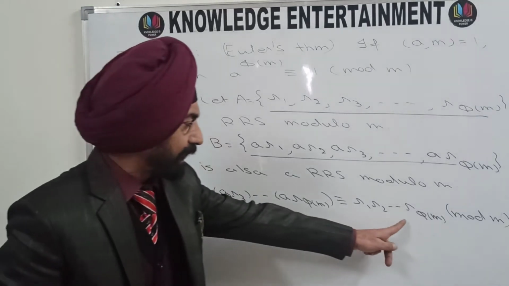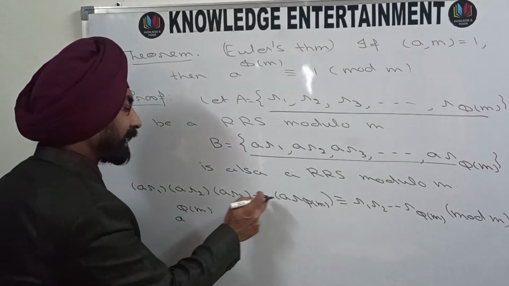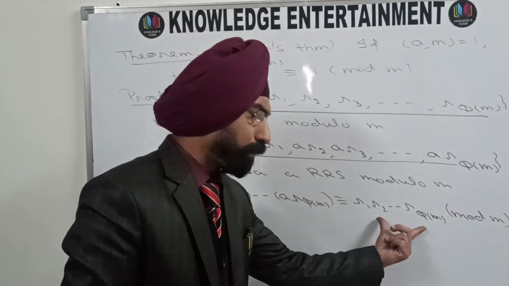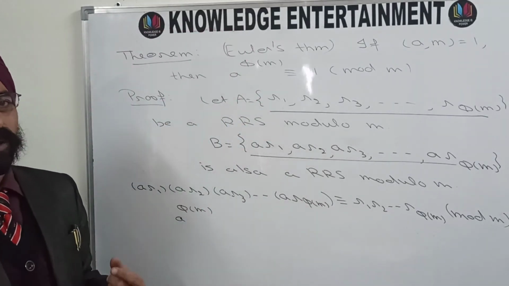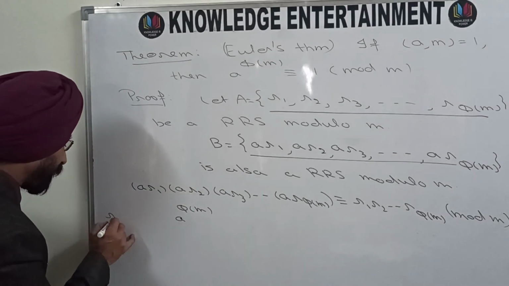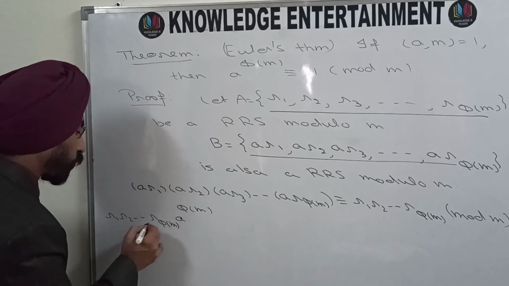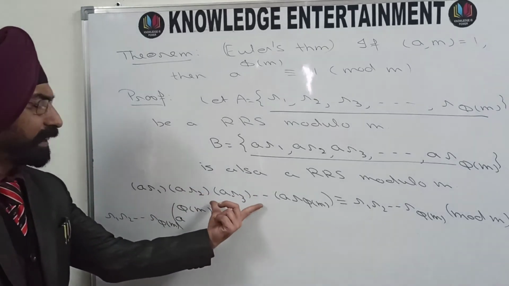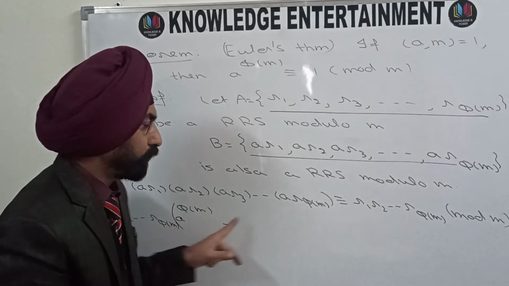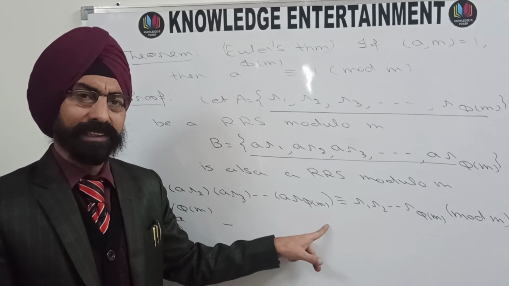And take this term to the left hand side. The product r1, r2, r3, ..., r_φ(m) is already here, and the same product is now coming from the right hand side to the left hand side, so it can be taken out as common. Taking this product r1, r2 and so on up to r_φ(m) as common, from this term you will be left with a to the power φ(m), and minus, because this term is coming to the left hand side, it will change its sign.